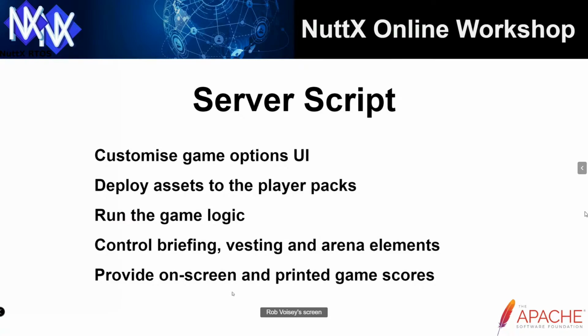But if for a particular game a pack doesn't have all the assets, then it will get synced up when the game is chosen. Then it runs the game logic as the game proceeds, controls the briefing system, all of the elements in the arena, and also provides the score and the completely customized score sheet. So within Lua, there's an API to render a score sheet that gets printed out with a laser printer at the end of the game.